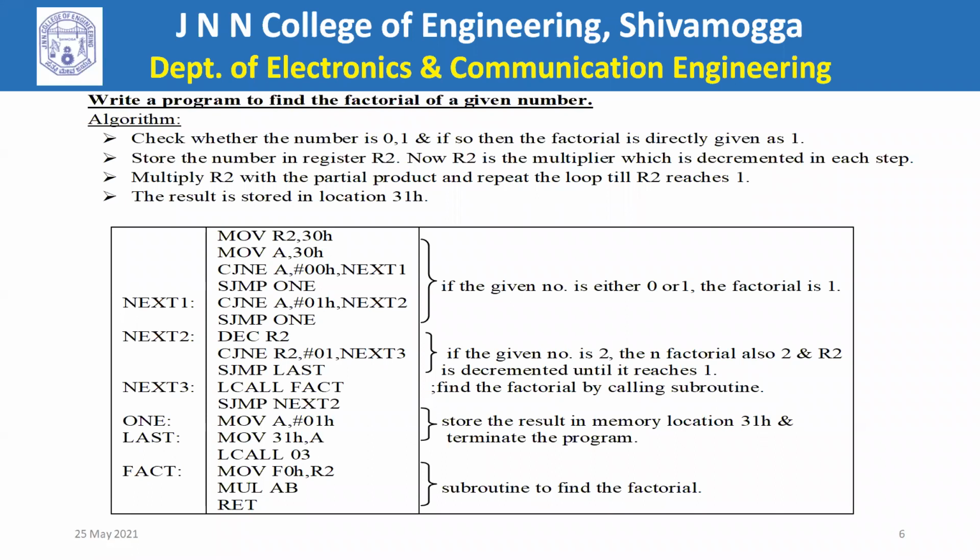If R2 is 1, what is the meaning? Process is over. You are just storing R2 as the factorial, because R2 is always accumulating the partial product.